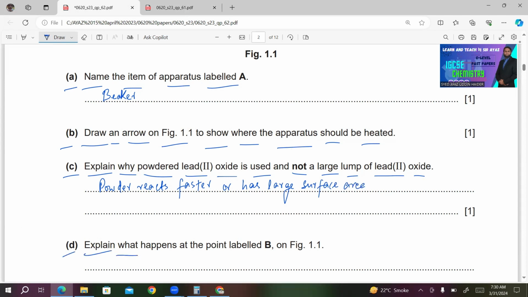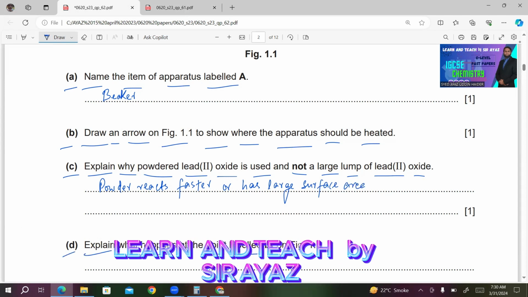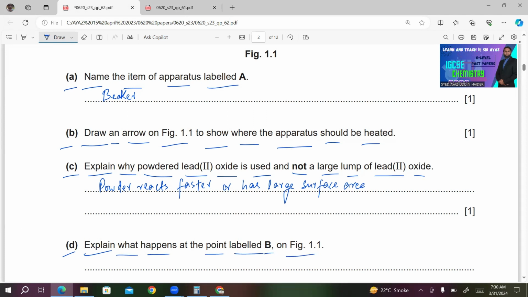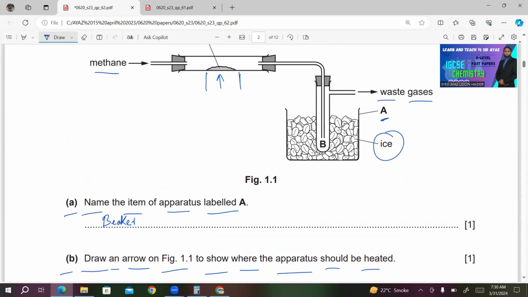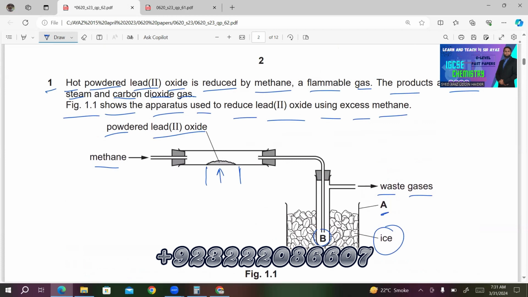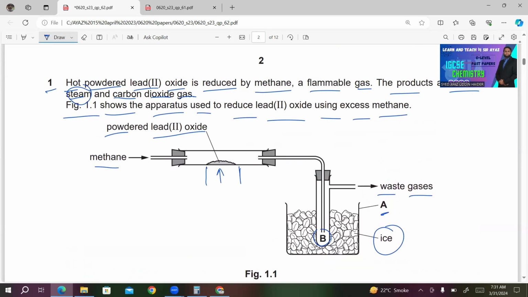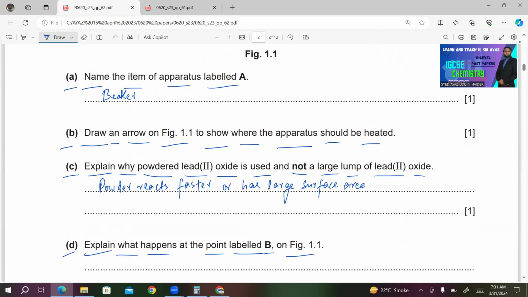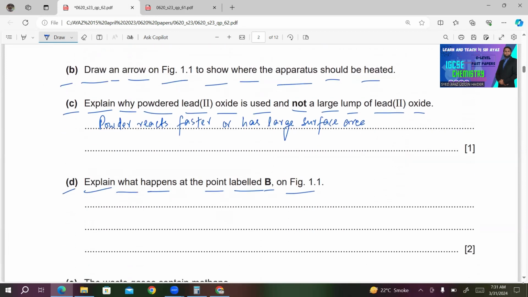D, explain what happens at point labeled B on figure 1.1. What is happening here? Here's the ice. It is definitely cooling down the vapor coming from this. And what vapors are we receiving? We are receiving the vapors of steam, so it's cooling down the steam. So what do you write?